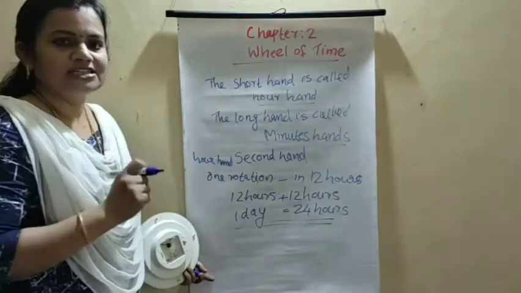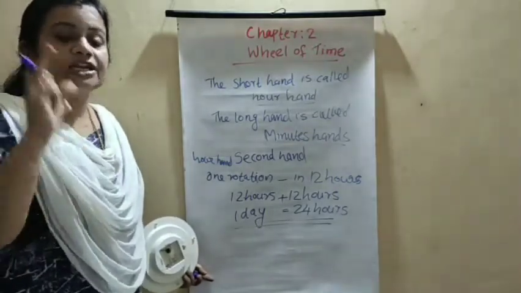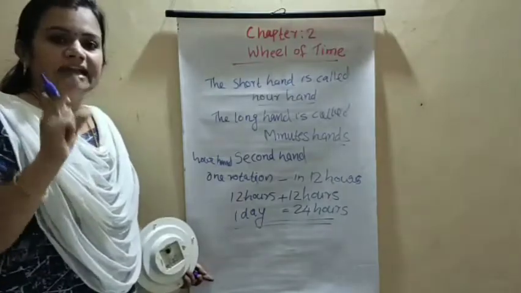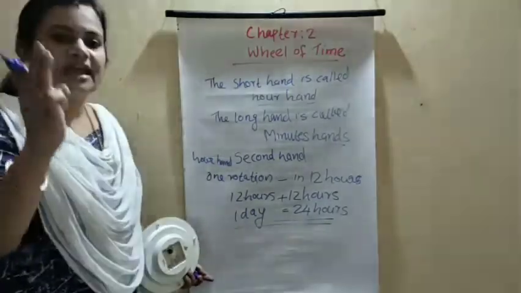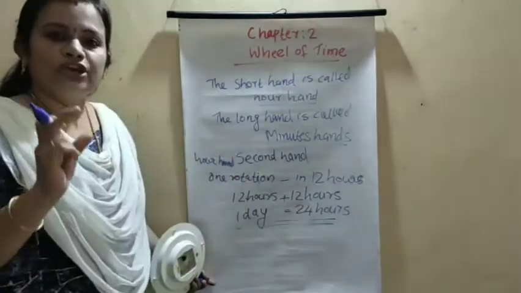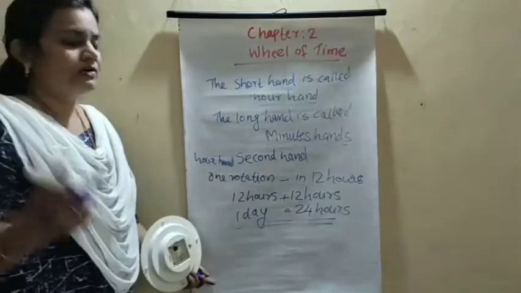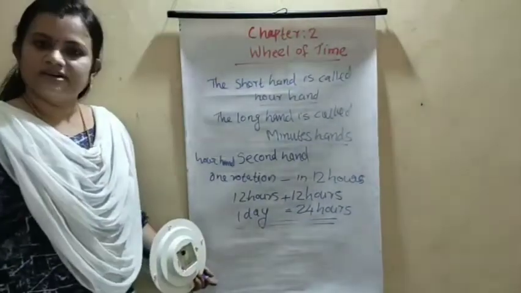Understood? Then the hour hand completes one rotation in 12 hours. In a day, the hour hand completes 2 rotations. So 12 hours plus 12 hours equal to 24 hours. So we can write 1 day equal to 24 hours.